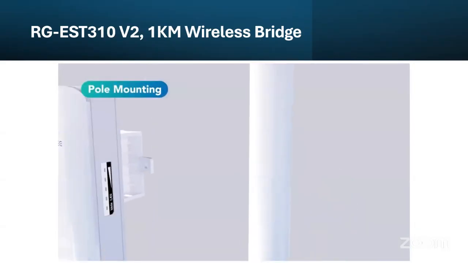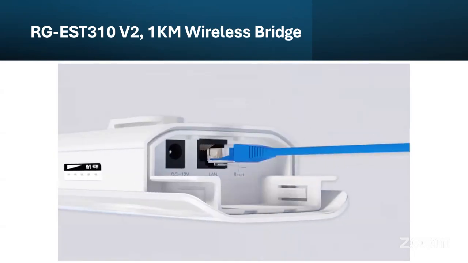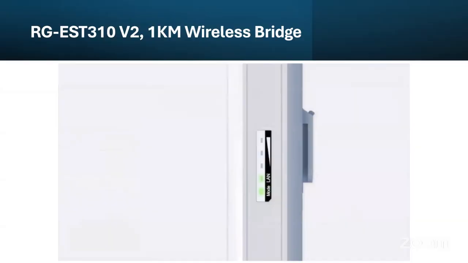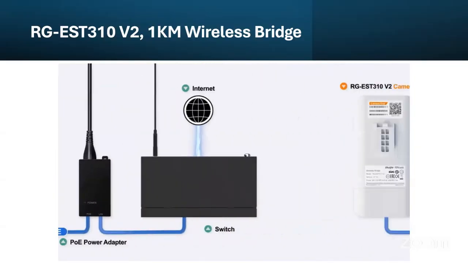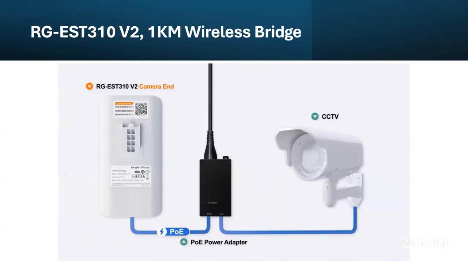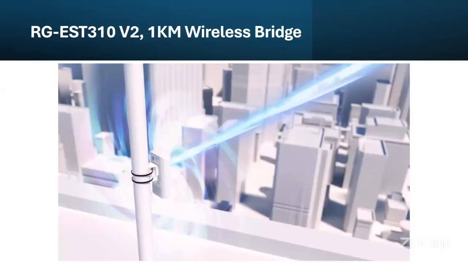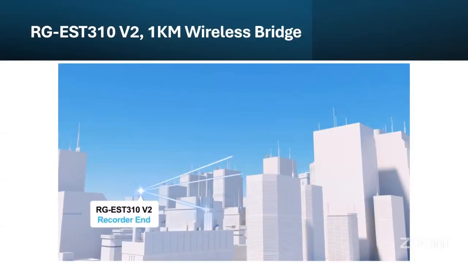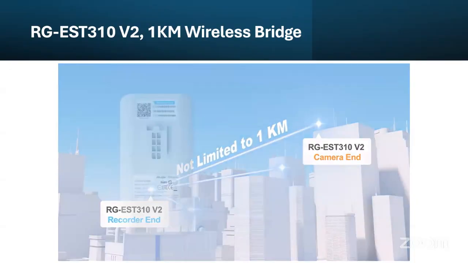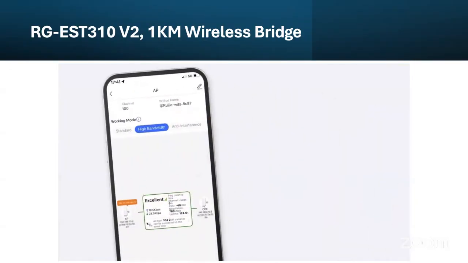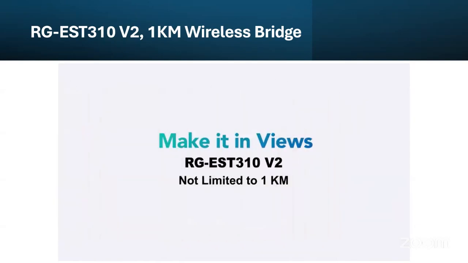We can do that without any problems in a very easy way, with fast and easy setup. We can connect one to three, point to point or point to multipoint.